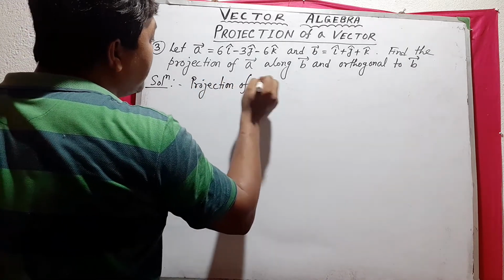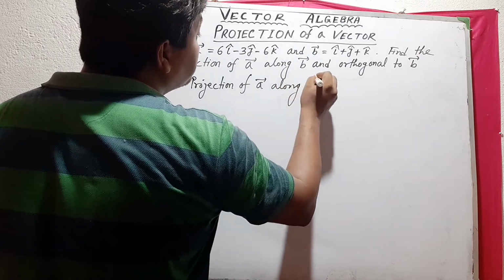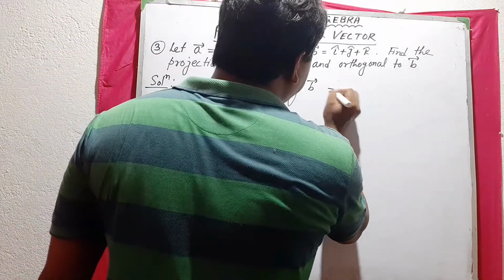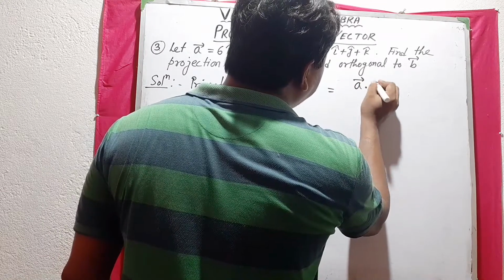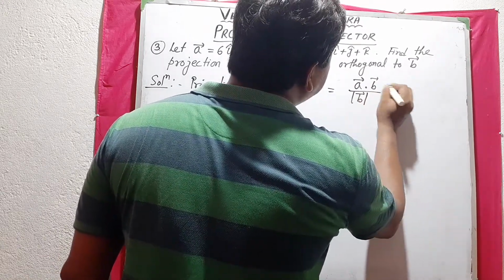projection of a along b vector, অথবা তুমি ফর্মুলা অনুযায়ী করতে পারো, অথবা আমরা একদম ডিরাইভ করতে পারি: a dot b by mod b square into b vector.